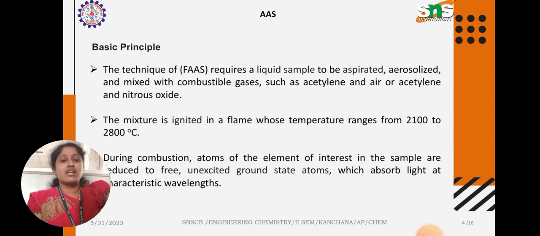The mixture is ignited in a flame whose temperature ranges from 2100 to 2800 degrees Celsius. During combustion, atoms of the element of interest in the sample are reduced to free, unexcited ground state atoms, which absorb light at characteristic wavelength.